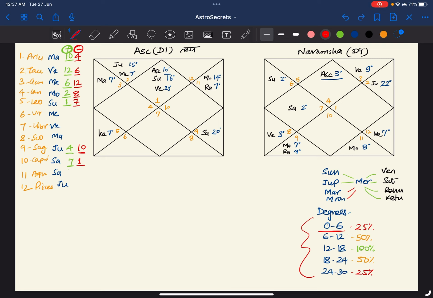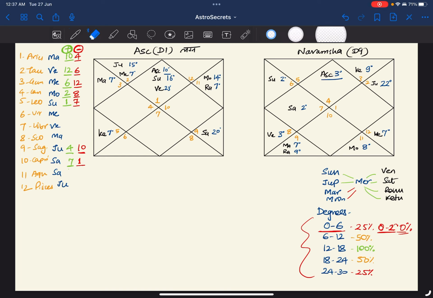There are exceptions to this rule. That means if the degree is 0 to 2, so either 0 or 1 degree, or up to 2 degrees also, then the effect is going to be negligible. I'm just marking it as 0%, but the effect is going to be negligible in this particular case.